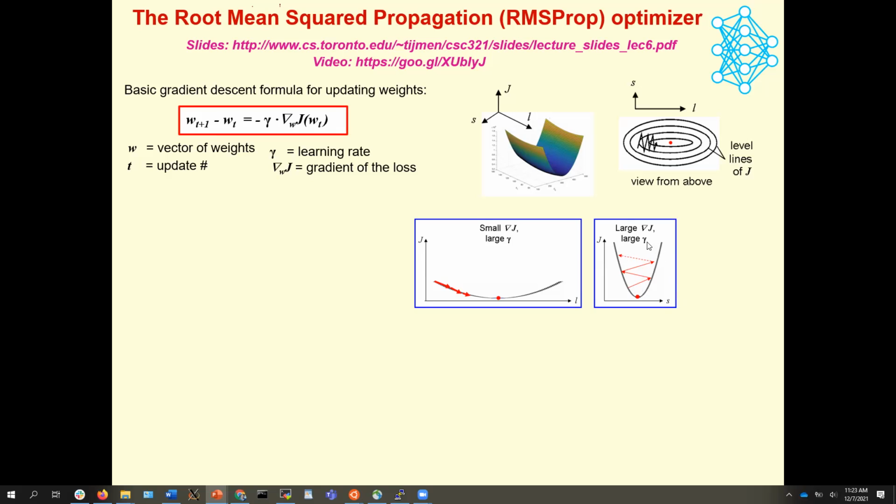So we need smaller gamma. At some moderate gamma, the iterations will still oscillate, but at least at some point they will reach the minimum value.